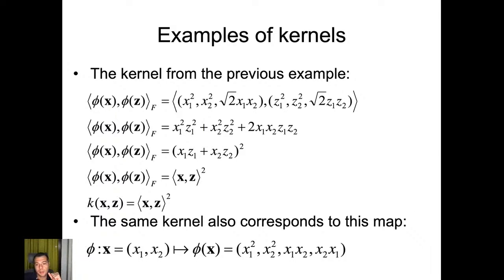An interesting note is that we obtain the same kernel if we use an embedding from a two-dimensional space to a four-dimensional space with these components. If we consider these components, when we do the multiplications, we will have twice these terms, and we will get the same result.